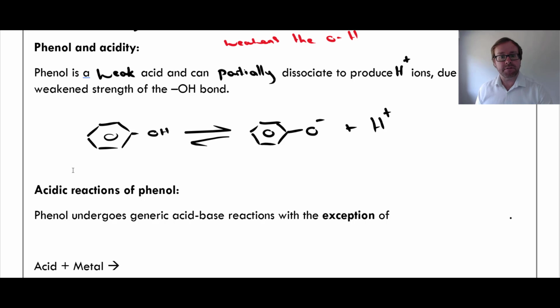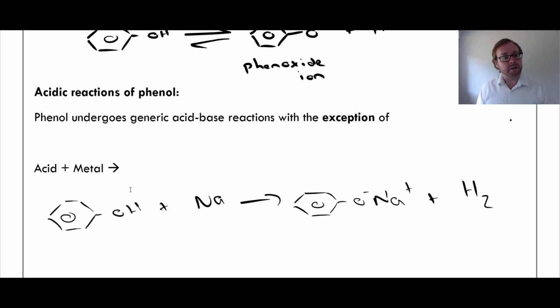And we have this produced, and we call this the phenoxide ion. So the reason why this happens, as we've just explained, is because of the weakening of the OH bond due to one of the lone pairs delocalizing into the pi system. Okay, so it can behave as a weak acid.